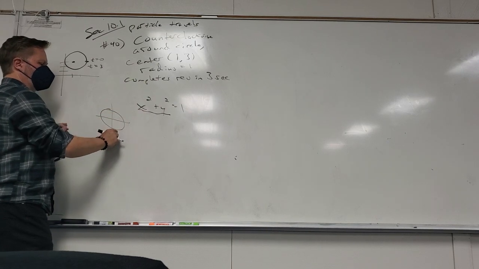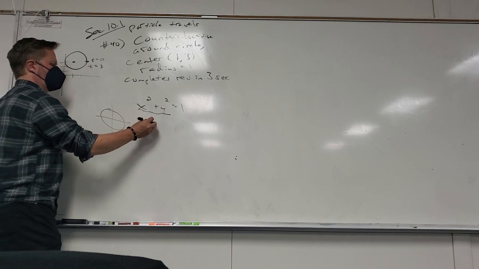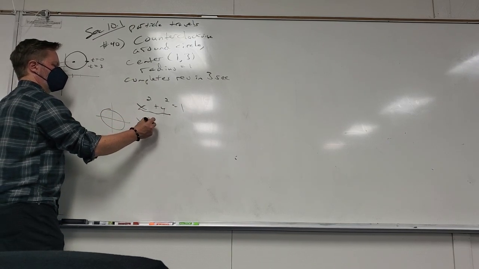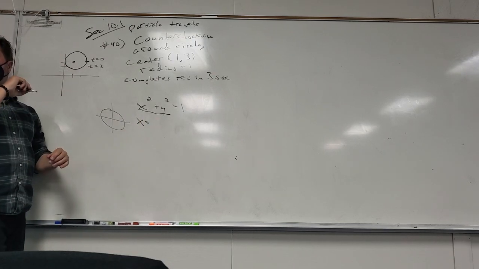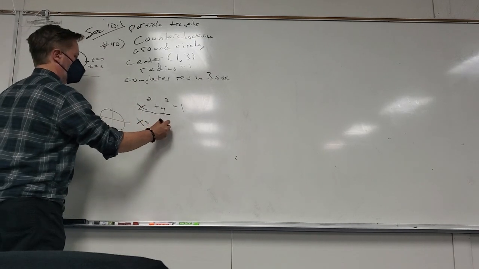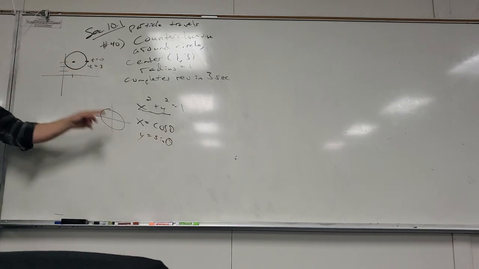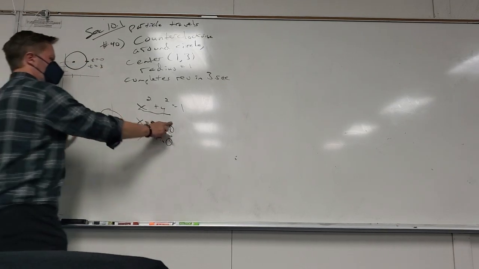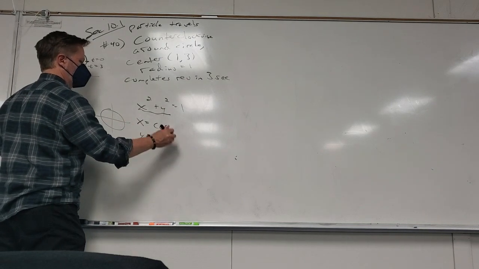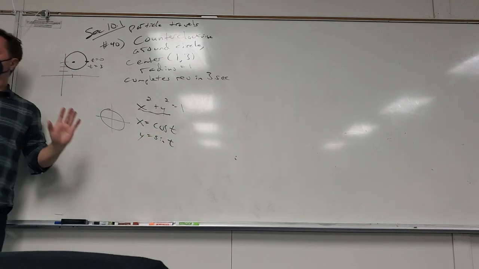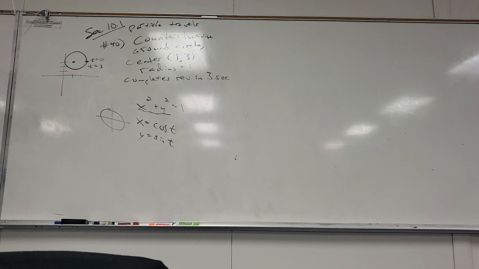So, remember what we did for a circle? We let x equal to, who remembers? Cosine theta, and y equal to sine theta, right? Let's make it t's here instead of theta, is that cool? That would make the circle, right?